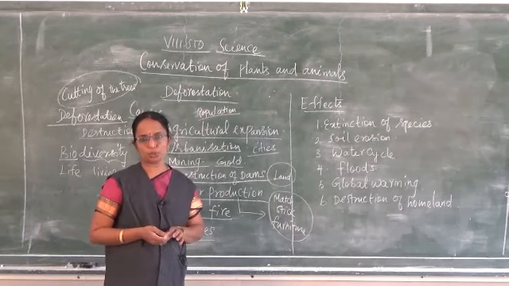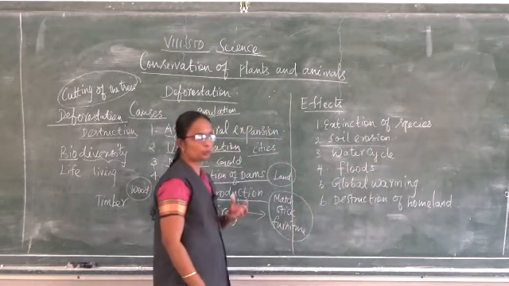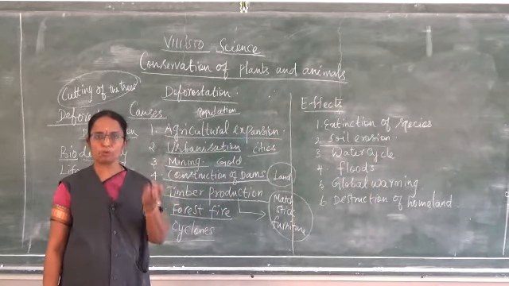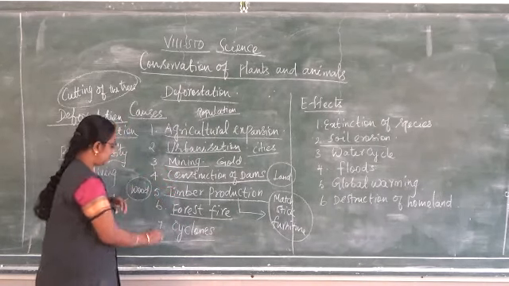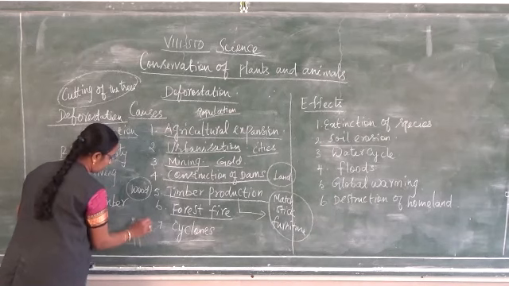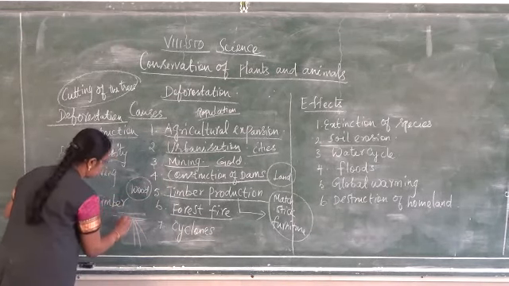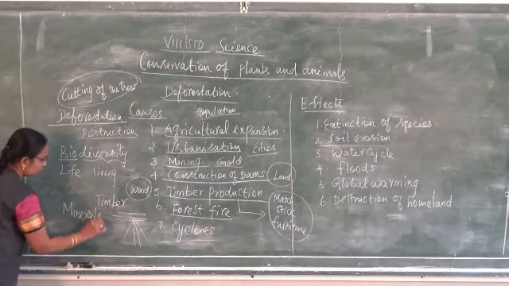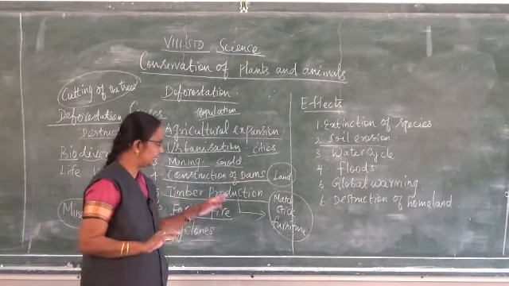Then about soil erosion. What do you mean by soil erosion? What the plants are doing, they are holding the soil firmly because their roots are firmly fixed inside the soil. The topsoil, which contains all the minerals, is eroded, washed away by the rain.